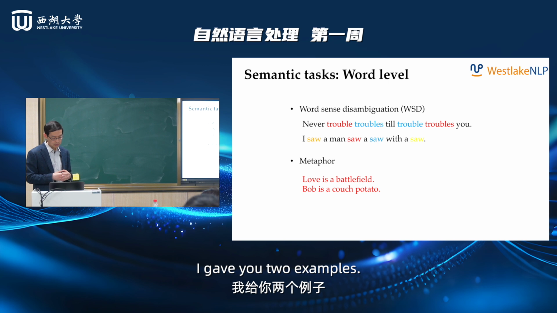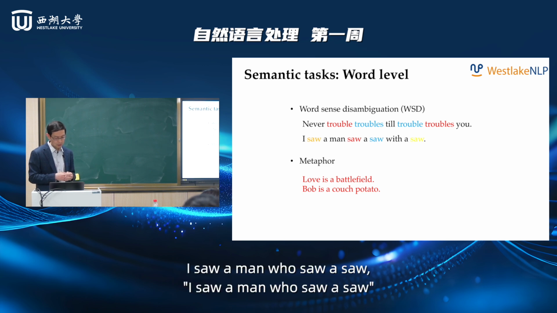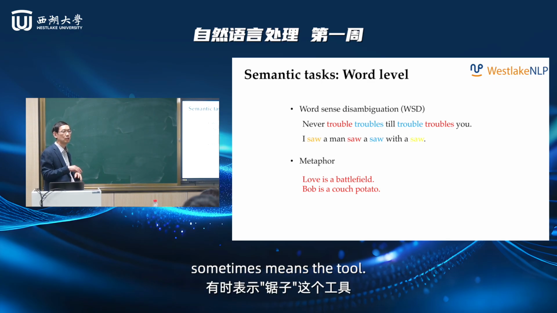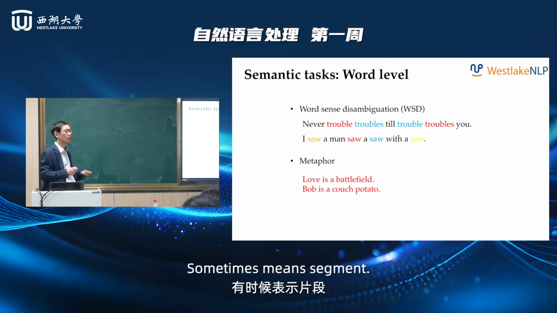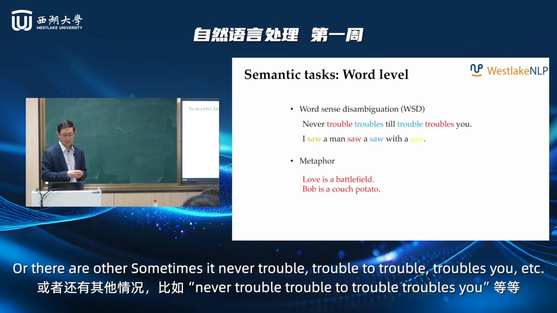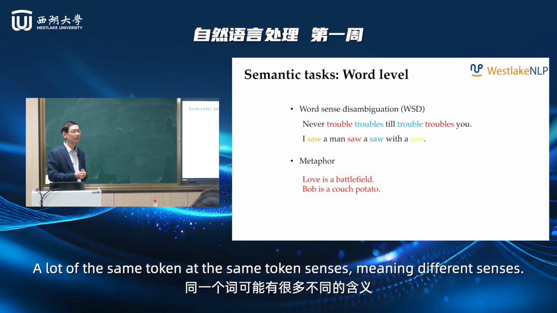I gave you two examples. "I saw a man who saw a saw." This "saw" sometimes means see, sometimes means the tool, sometimes means to cut. Or there are other sentences like "Never trouble trouble till trouble troubles you." So there are many instances of the same token meaning different senses.